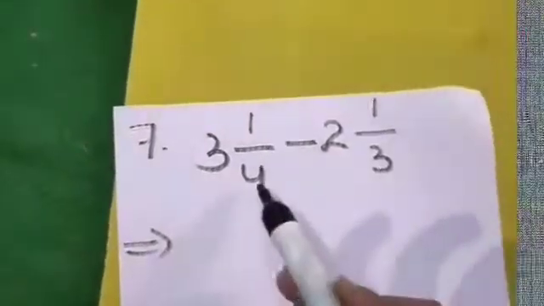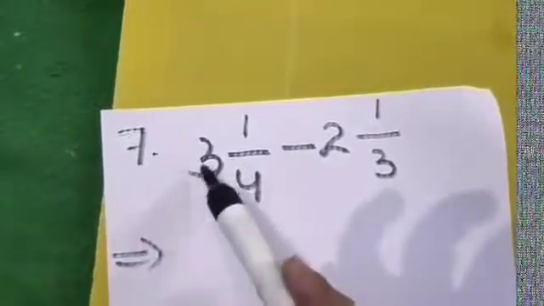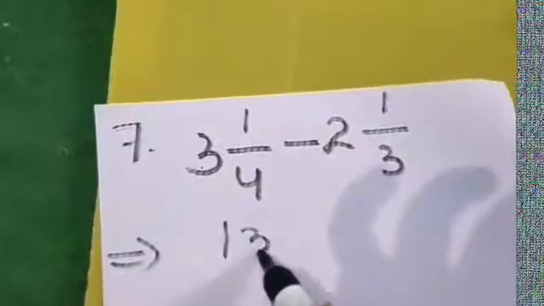Our next part is 3 whole 1 upon 4 subtract 2 whole 1 upon 3. First of all, we will convert these mixed fractions into improper fractions. 3 times 4 is 12, and 1 added becomes 13, and the denominator of this fraction is 4.